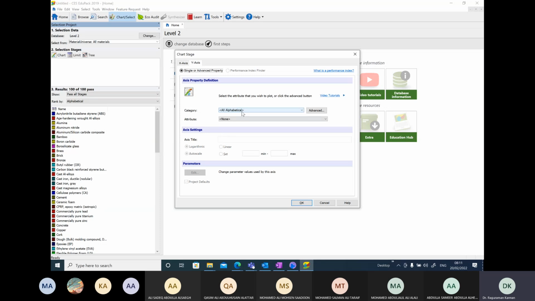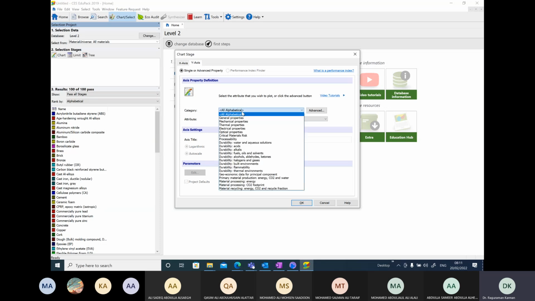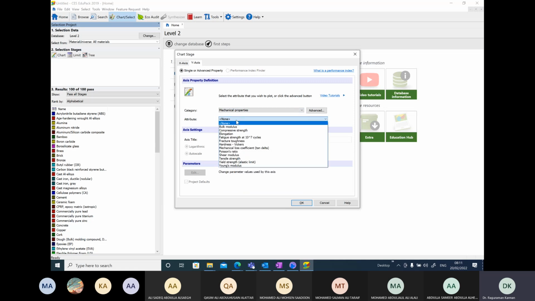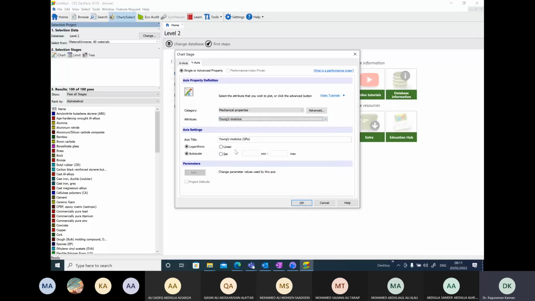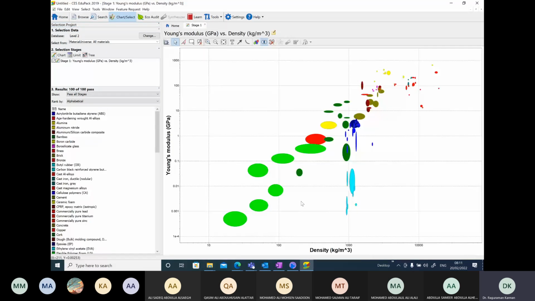Let's go to the y-axis, and there I want to choose Young's modulus, which is a mechanical property. If you go down, you can see compression, bulk modulus, fracture, mechanical coefficient, Poisson's, shear, and Young's modulus at the last. You can plot this graph, leave it in the logarithmic scale, and press OK.